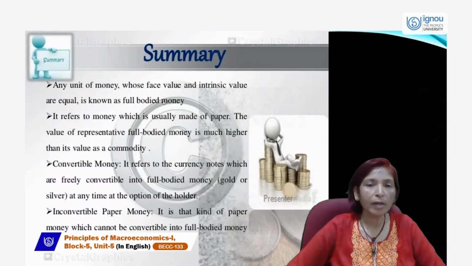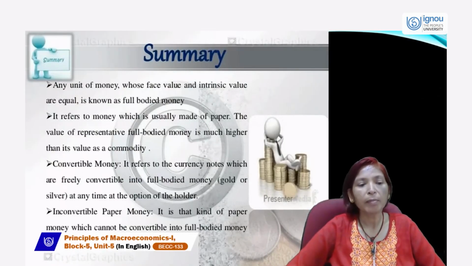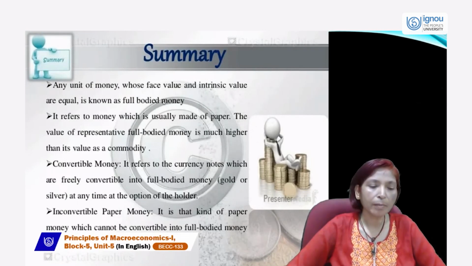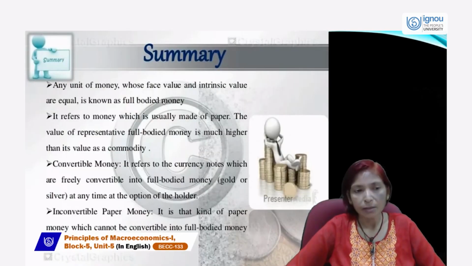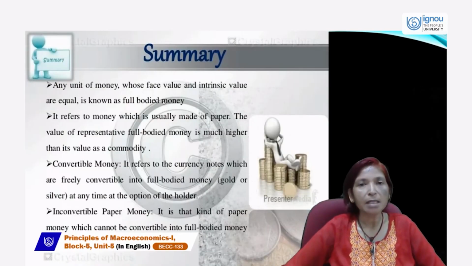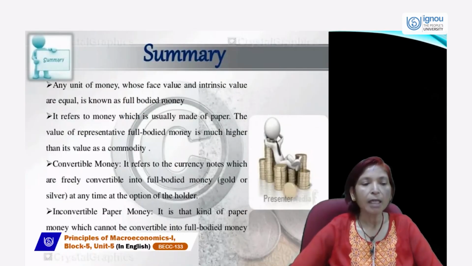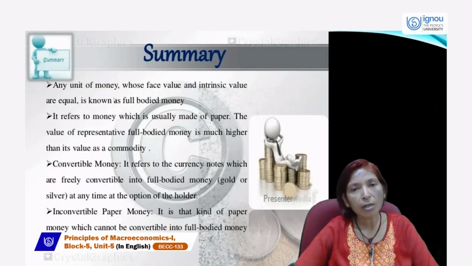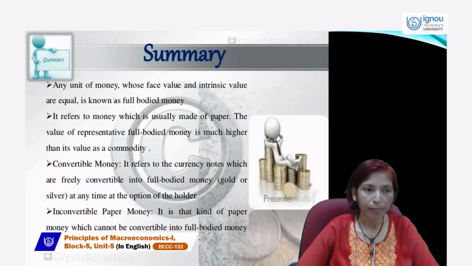Next is inconvertible paper money. It is that kind of paper money which cannot be converted into full-bodied money at the option of the holder. So, convertible money can be easily converted into full-bodied money, and inconvertible paper money is that money which cannot be converted into full-bodied money.